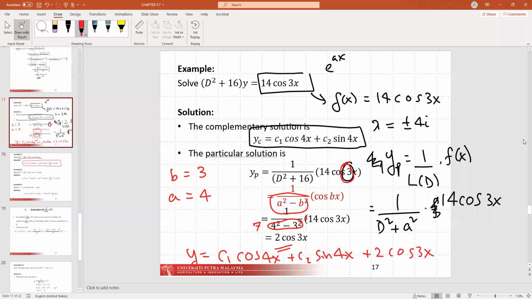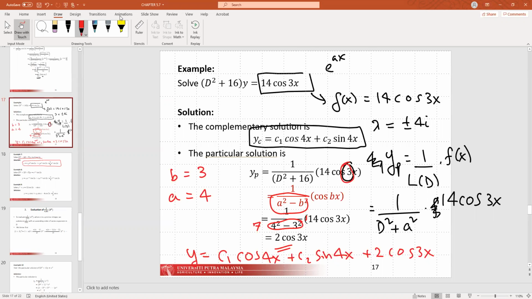Okey, yang ni? Dia memang terus ambil yang D tambah A tu, terus ambil L of D lah. Kan saya dah bagi tahu tadi, sebab dia tak ada, dia balik kepada yang original.